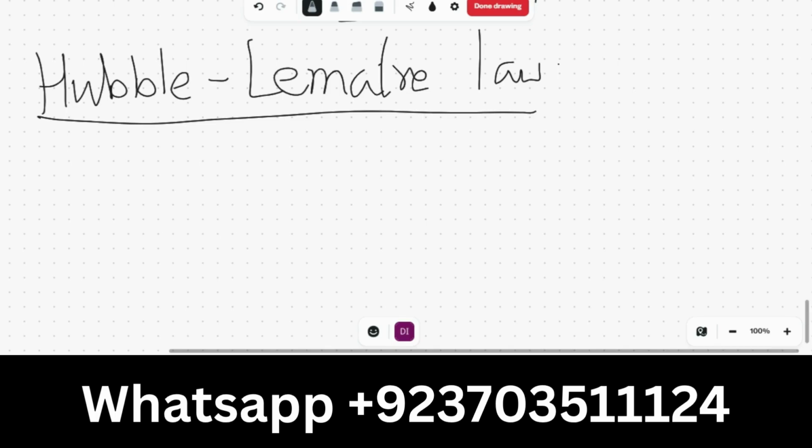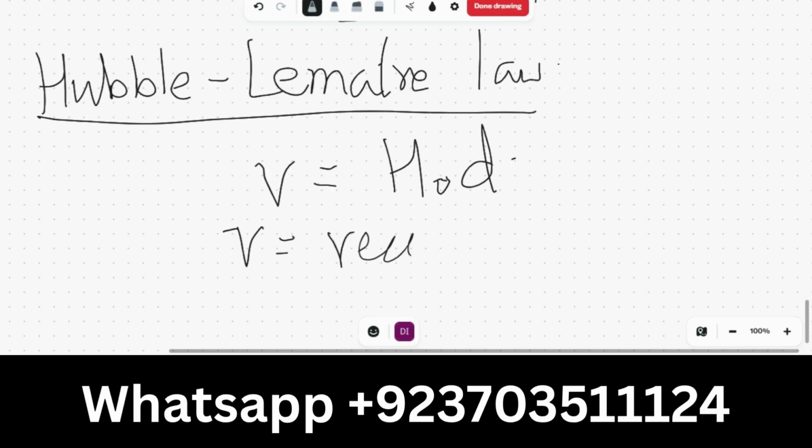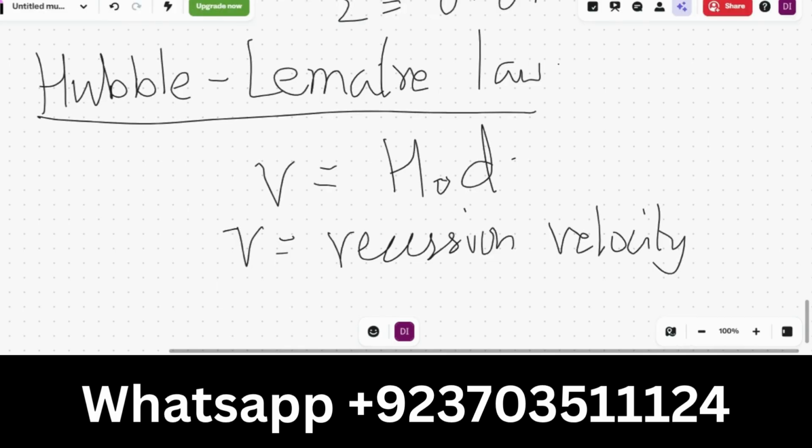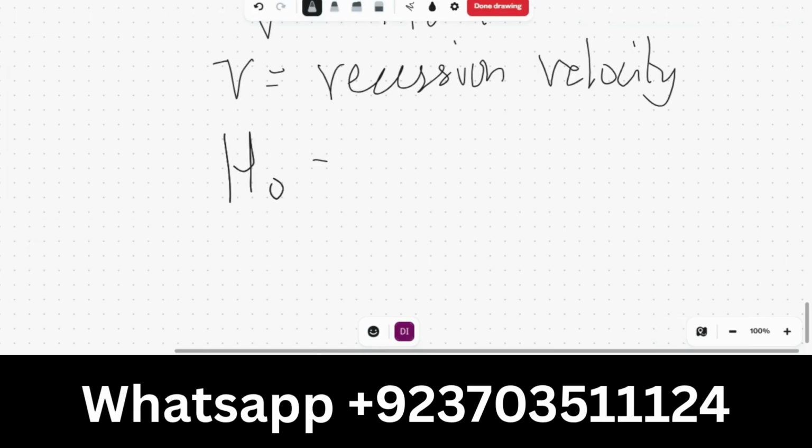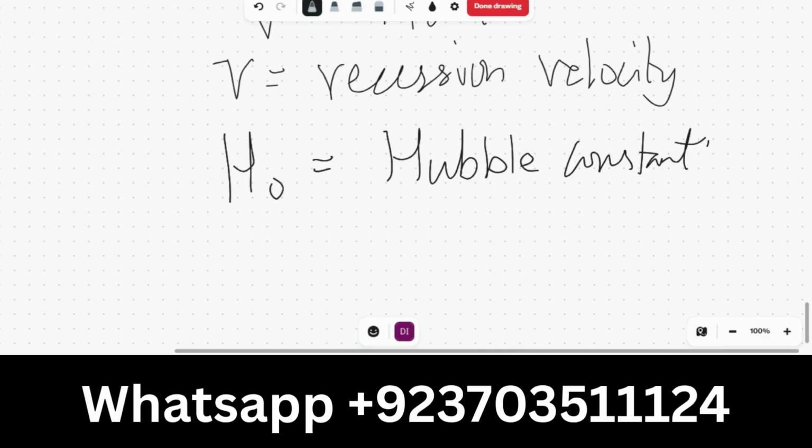The formula for that is v is equal to H times d, where v is the recession velocity, H is the Hubble constant, and d is the distance.